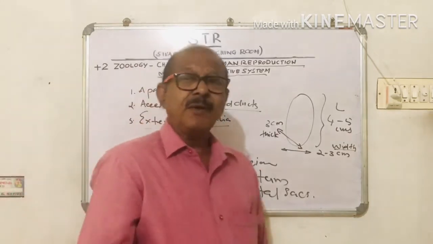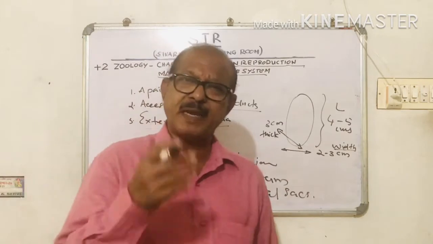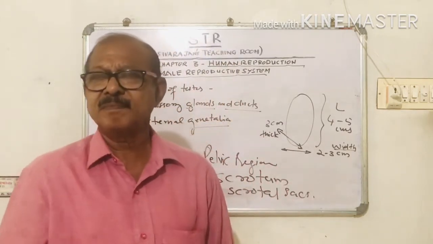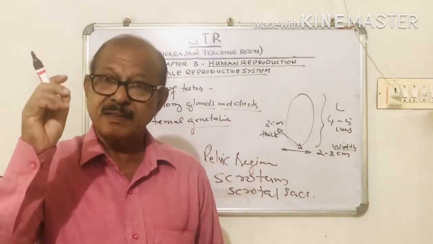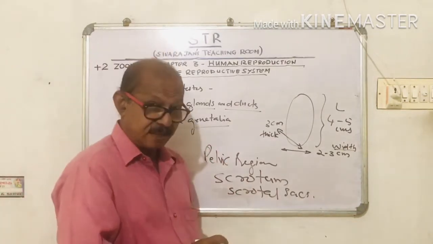And we have to think why it is kept outside the body. Is it because there is no space inside the abdomen to place these things? No, of course there is plenty of space inside the abdomen, but there is a special purpose why it is kept outside.